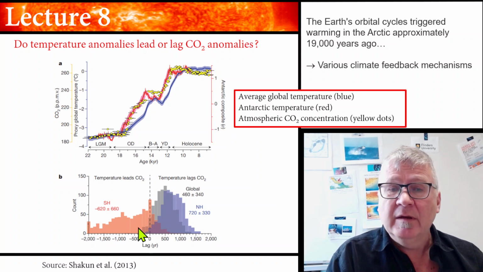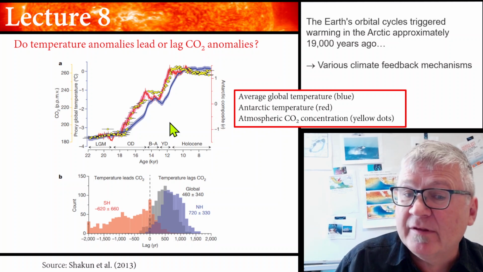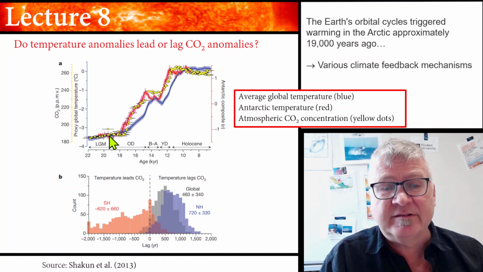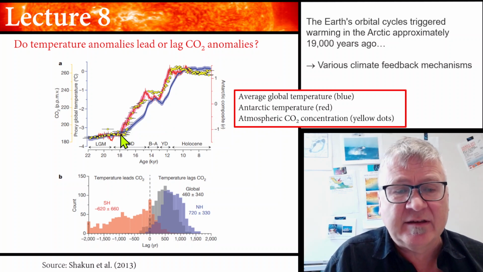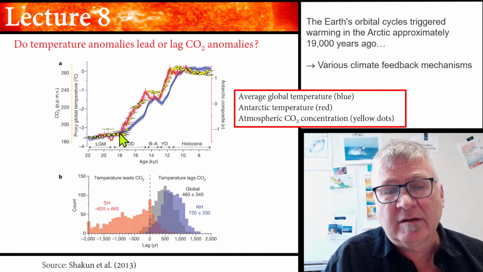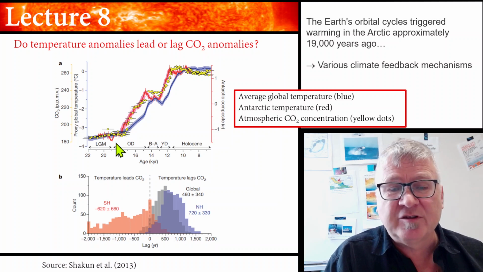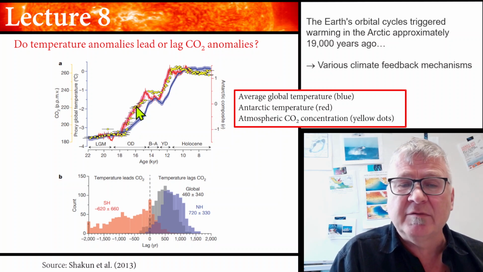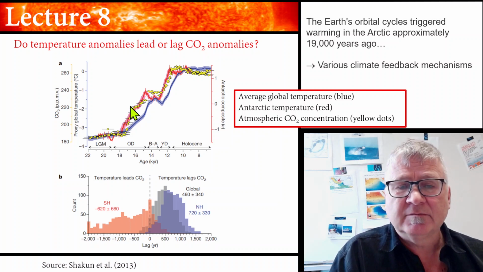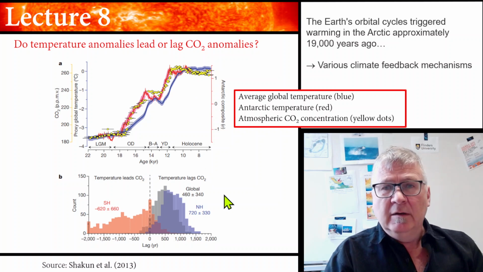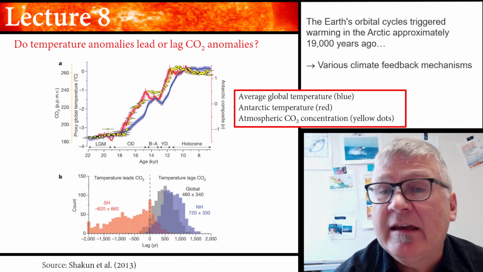But it's different in the southern hemisphere. In the southern hemisphere, it looks confusingly different. The temperature signal comes earlier. So temperature leads CO2 in the southern hemisphere, and again for the second phase of the event. So it's not as easy as you think.